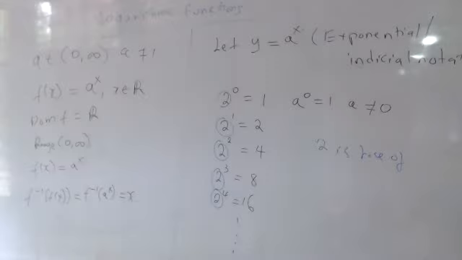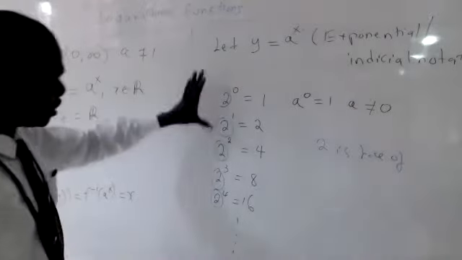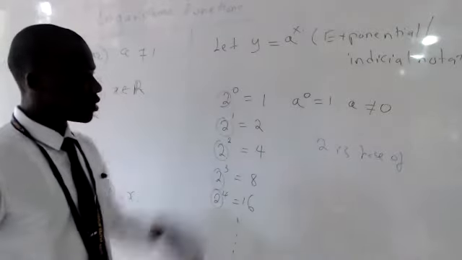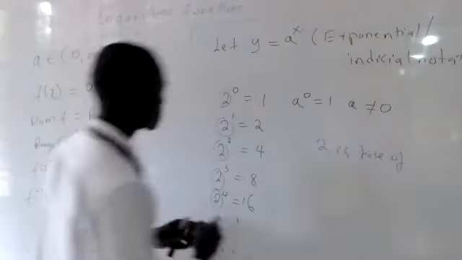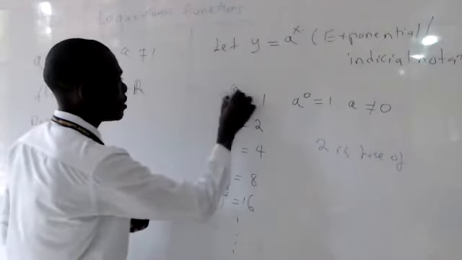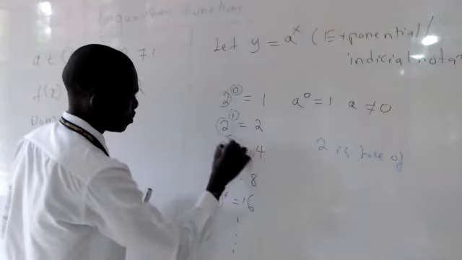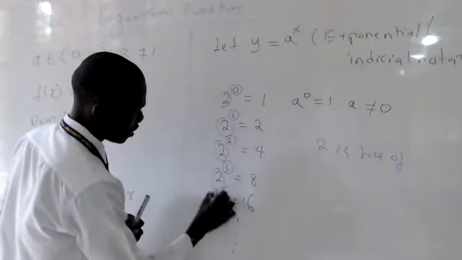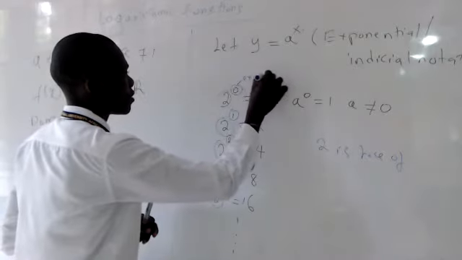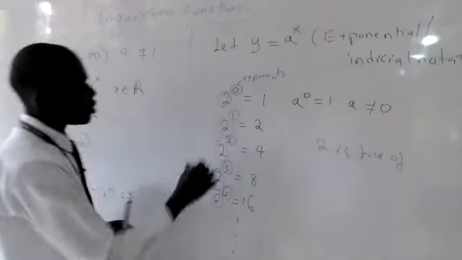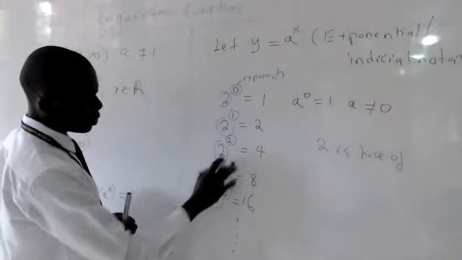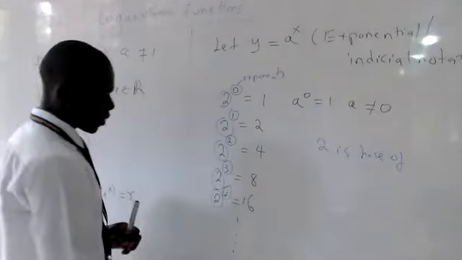Sorry about that. So I was just saying, in this sort of table, 2 is the base of this exponential function. 2 is the base, and then these numbers 0, 1, 2, 3, and 4 are exponents. 0 is an exponent, 1 is an exponent, 2 is an exponent, 3 is an exponent, 4 is an exponent, and so on.